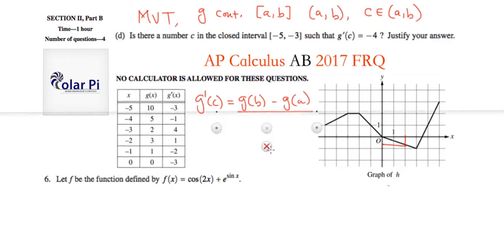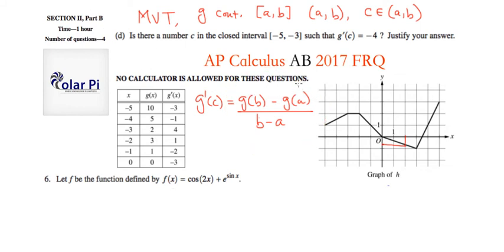Now they already told us that g is differentiable on this closed interval, and differentiability automatically implies continuity. So that means that g is continuous on this closed interval and surely differentiable. And therefore, by the mean value theorem, it's guaranteed a c inside of the open interval (-5, -3), so that g prime of c will equal this.